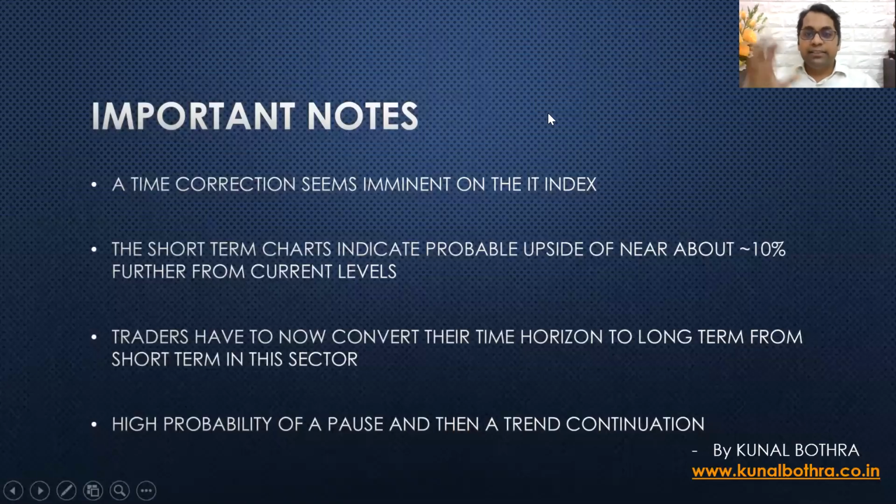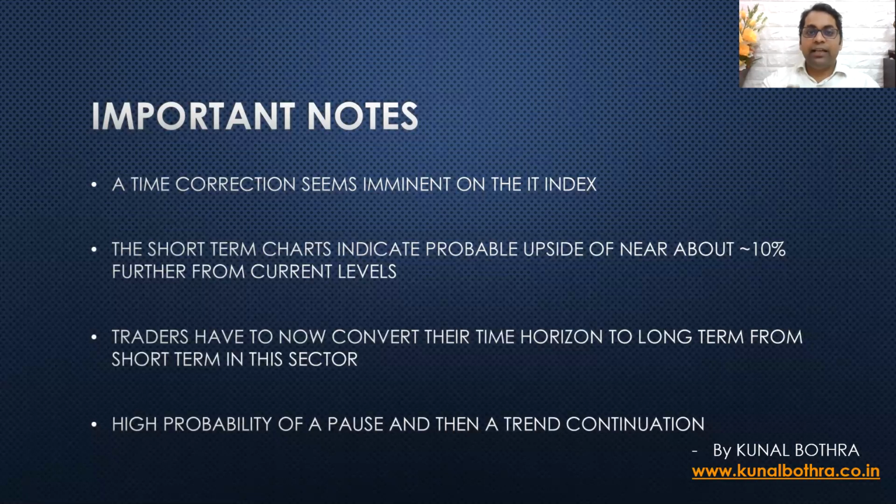So what does this bring us to as a conclusion? It suggests that a time correction now seems to be imminent on the IT index. So those 2x, 3x returns on the stocks which you've seen in the last 6 months for the IT index, the same trend may not get replicated in the next 6 months.